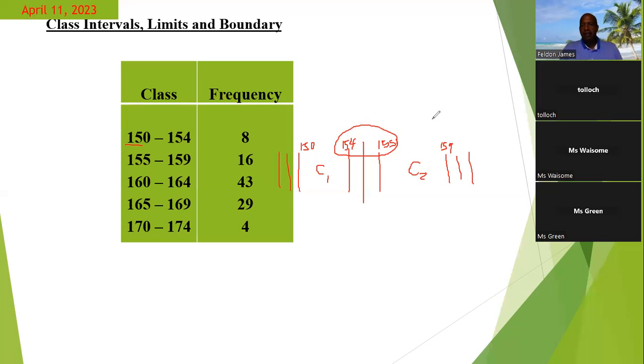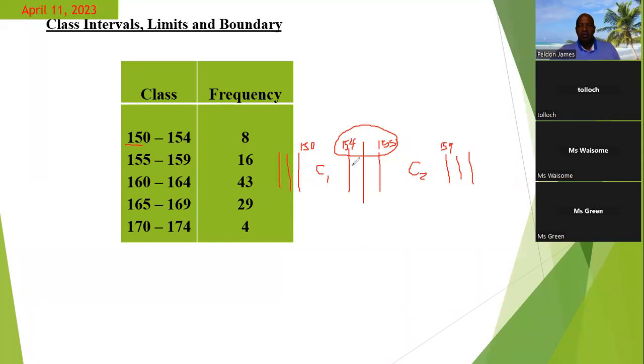Half. It can be 0.5. 154.5, sir. 154.5, correct. How do you get that number? Because if we have the class limit, which is 154, and the mid boundary, which is halfway, sir. Yeah. The halfway would be 0.5, so it would be 154.5, and then the reach over is 155, sir.